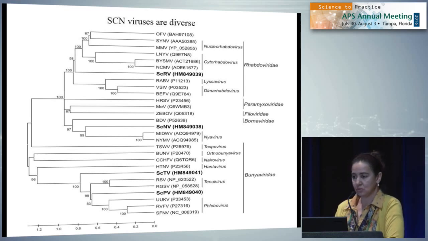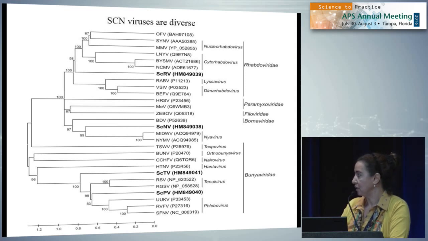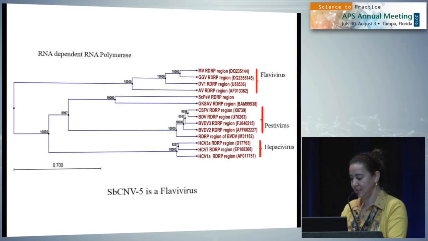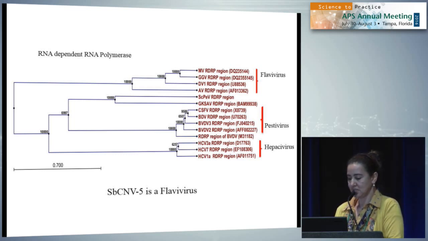So it's interesting to notice that from just this study, we uncovered 4 RNA viruses that belong to different types of genuses and families of the virus world. The nematode virus that has the positive strand RNA was very hard to classify. Initially, we thought it was a pestivirus.